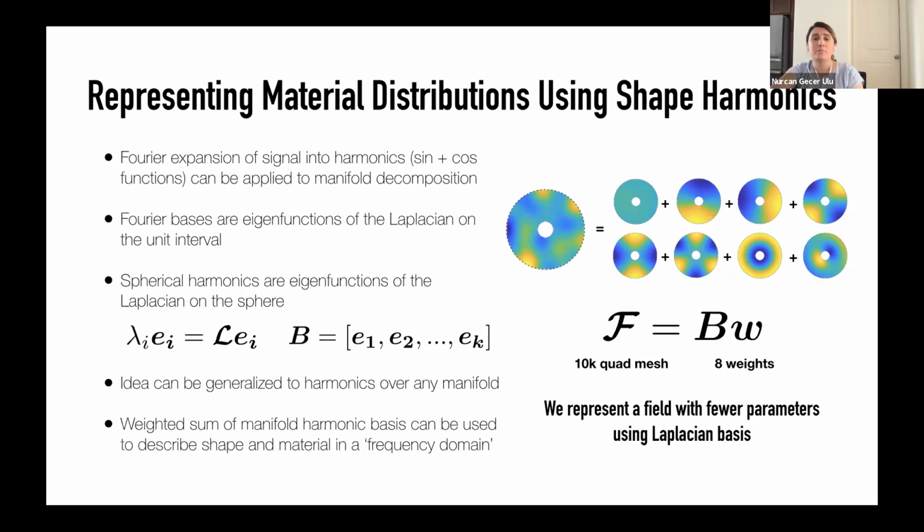One good thing about Laplacian basis, which is one of the main reasons why we choose Laplacian basis, is that weighted sum of these manifold harmonic bases can be used to describe the shape and material in a frequency domain.